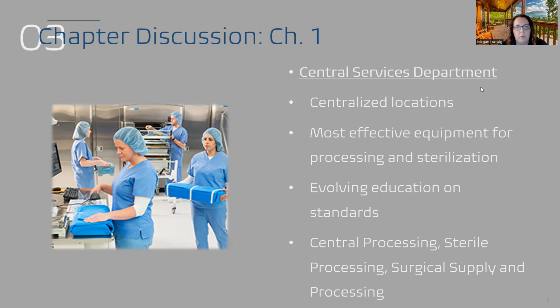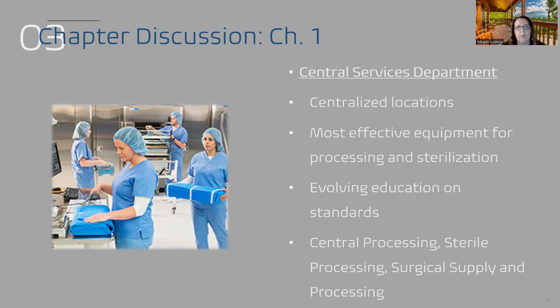And it's called central because typically this department in the healthcare facility, whether it's the hospital or smaller ambulatory center, is located probably centrally. So the reason for that is this department, sterile processing, doesn't just work in the OR or for the OR. It actually will sterilize equipment for all parts of the hospital or facility.